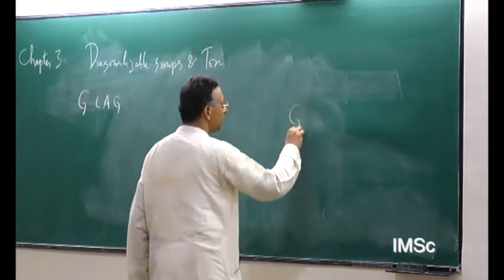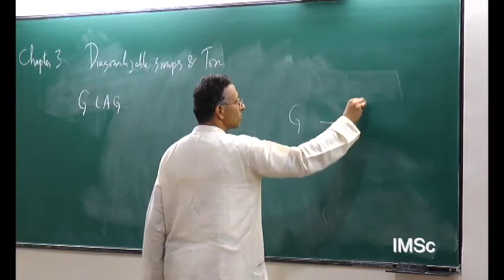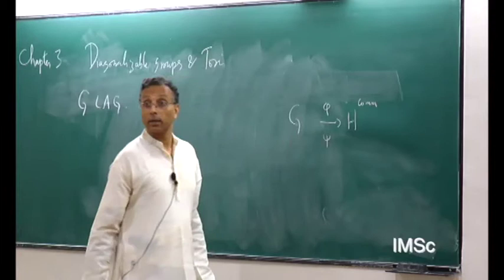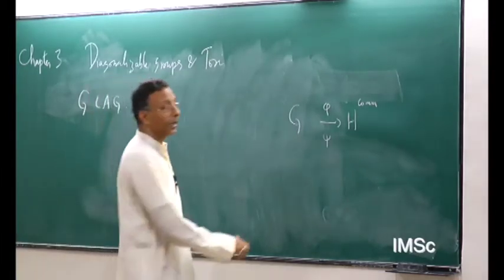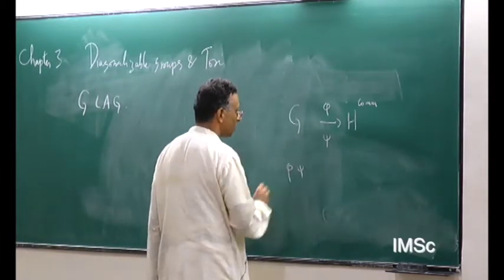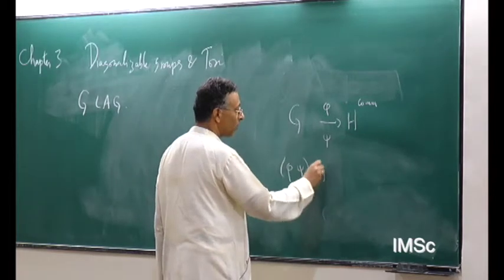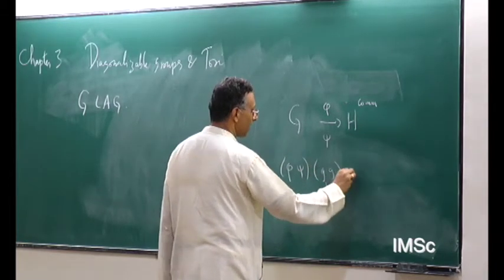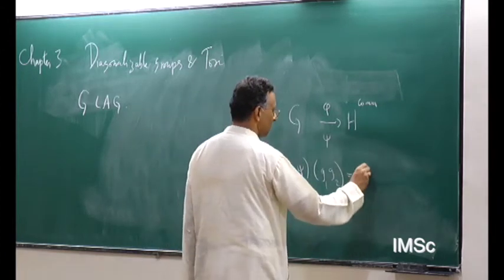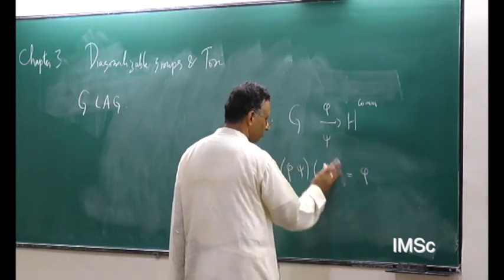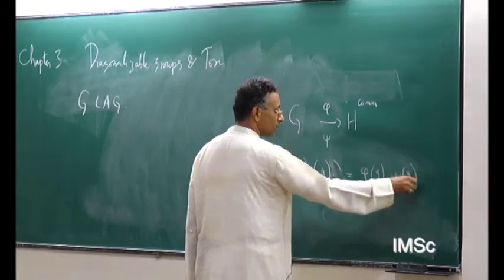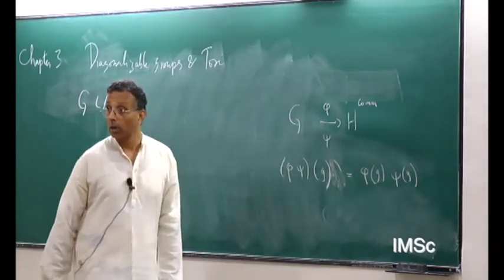So if I have G to H, H commutative, and phi and psi are homomorphisms, I can multiply the homomorphisms. First of all, what do I mean by this? It's pointwise: phi psi of g is phi of g times psi of g.